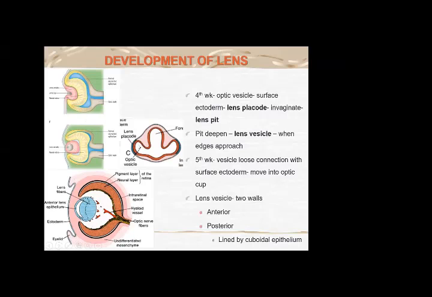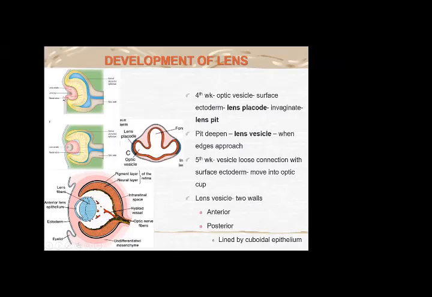Optic vesicle भी invaginate किया, double layered cup बना. अब ये forebrain की extension है optic vesicle. जबकि lens जो है, ये thickening जो थी, ये thickening invaginate की, अंदर की तरफ turn करके.